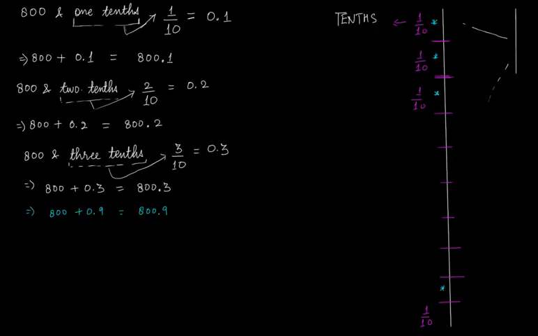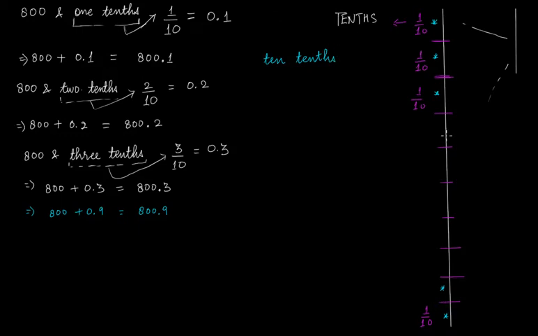Similarly, if you take this 10th also, like you took 1, 2, 3, 4, 5, 6, 7, 8, 9, you reach 800.9. But as soon as you consider this one also, that is, you now have 10 tenths.